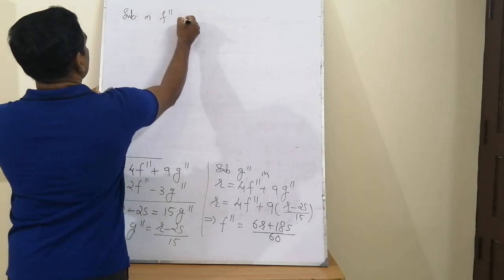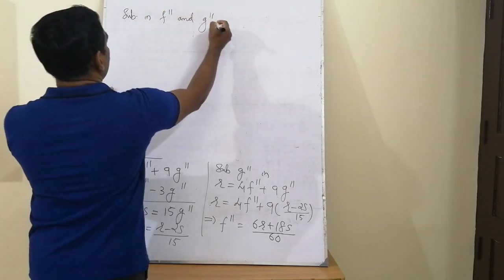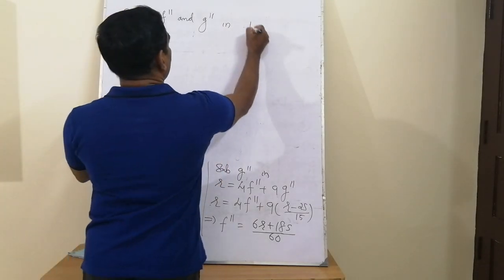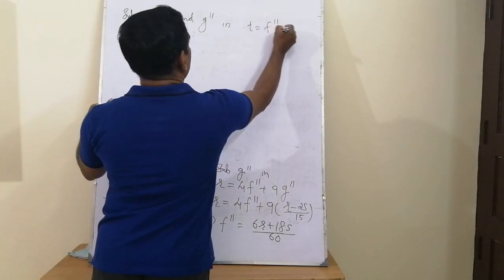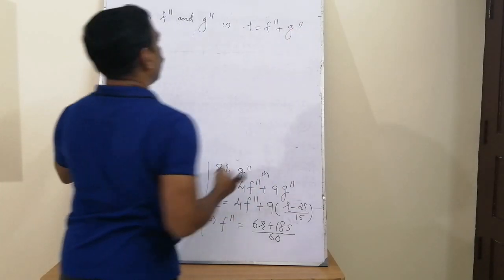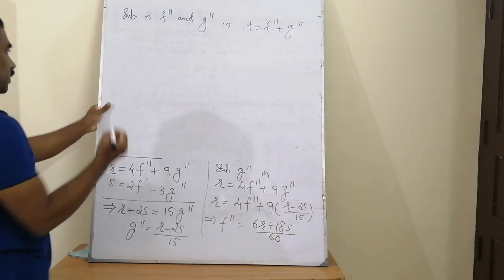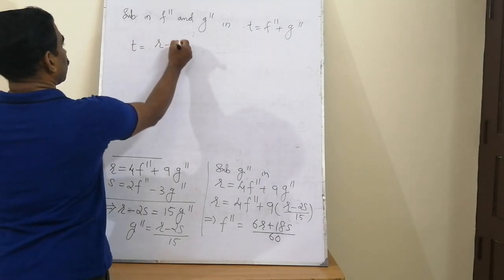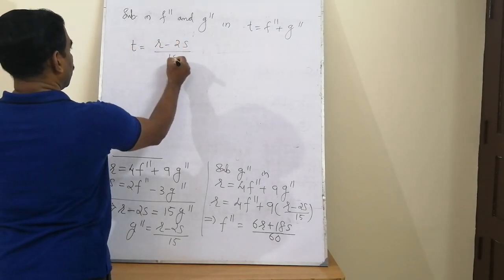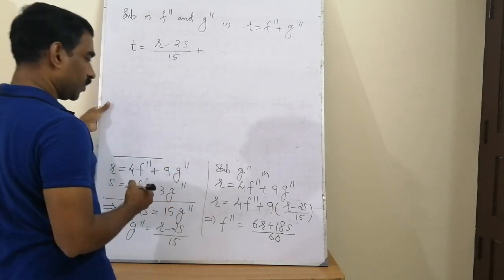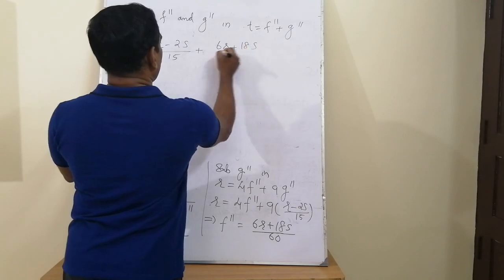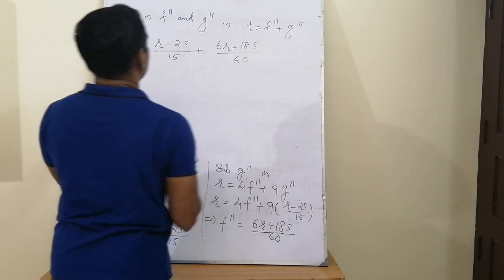Substituting f double dash and g double dash in our equation number 6, and equation number 6 was t is equal to f double dash plus g double dash, that is, t is equal to (r minus 2s) divided by 15 plus (6r plus 18s) divided by 60.